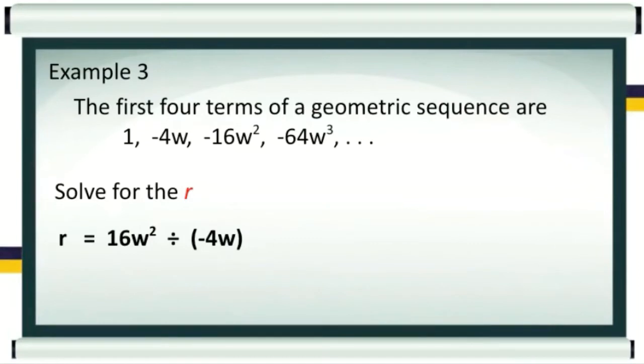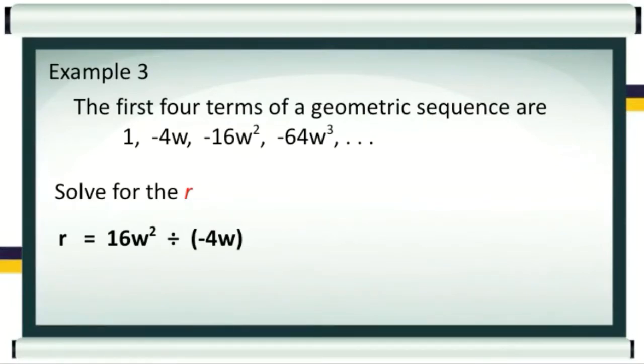Since w has an imaginary exponent of 1, your 2 will be subtracted by 1. So your answer will be 1.